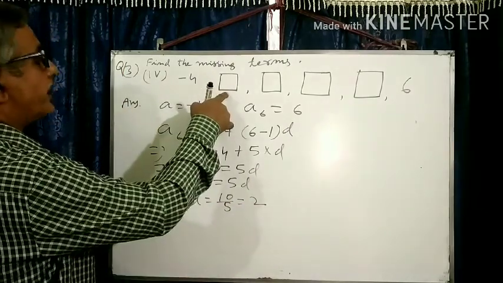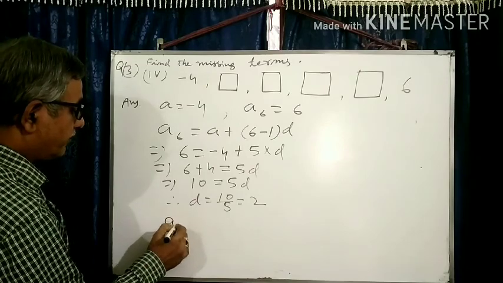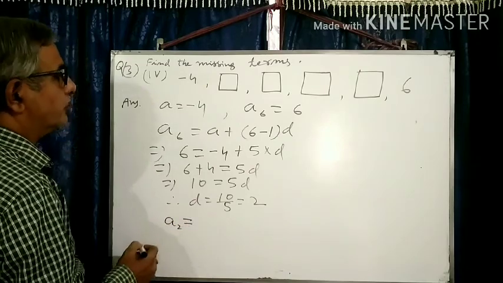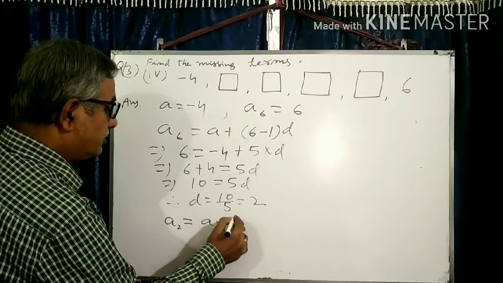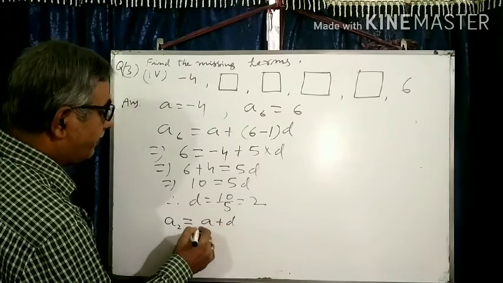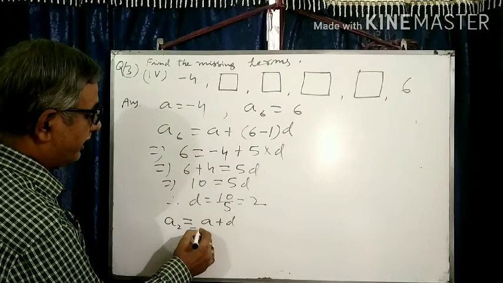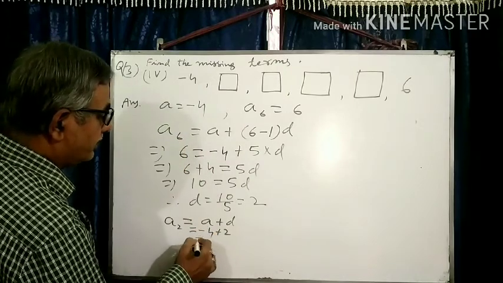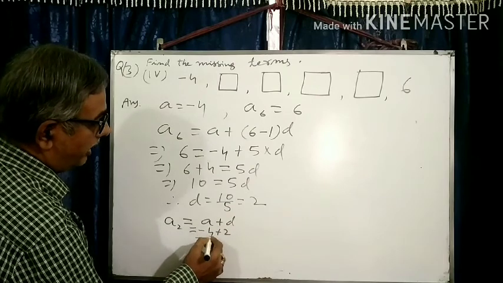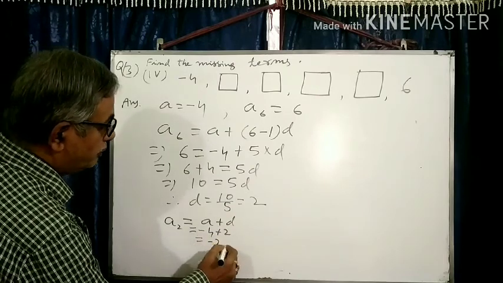Now this is the second term. Second term means A2 is equal to A plus D. What is A here? A is equal to minus 4, D is equal to 2. You are getting minus 4 plus 2, minus 2.